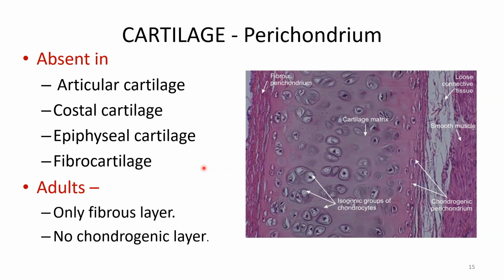So in the fibrocartilage, the perichondrium is absent. Now you know the various places where the perichondrium is absent. And in adults, the perichondrium contains only the fibrous layer. There is no chondrogenic layer of perichondrium in adults.